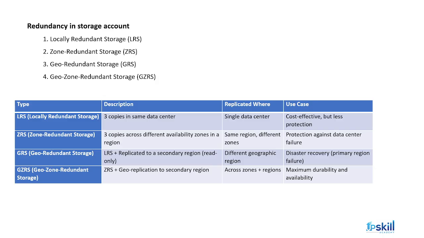But if we make a copy of the data available in another region, let's say East US or Europe, then the entire data gets replicated in the Mumbai region as well as the Europe region. Even if something happens to the Mumbai region, companies can easily take a backup, since their data is saved in the European region, and make the data available. That is what all the regions are about.